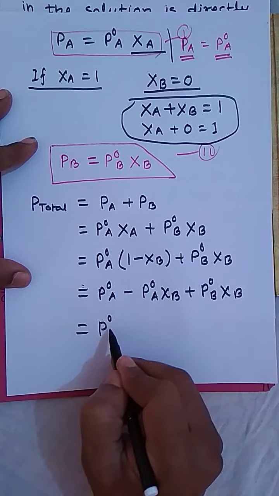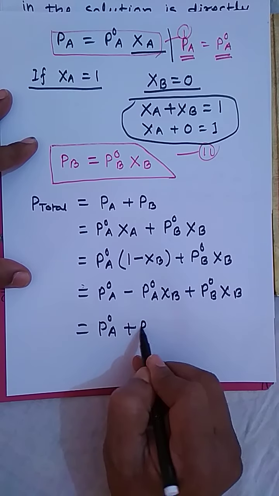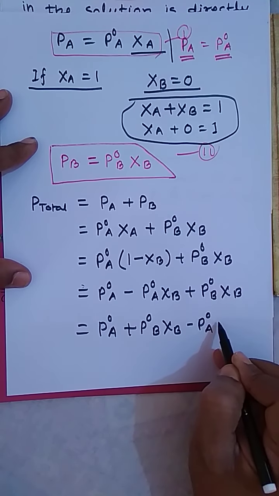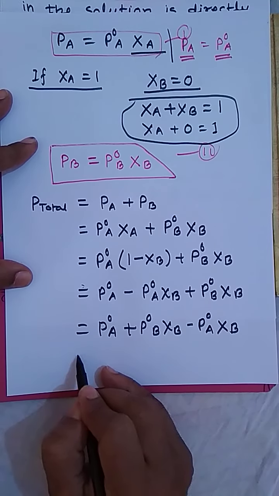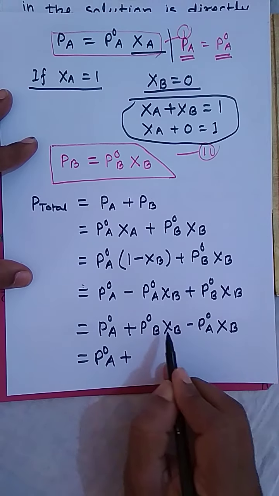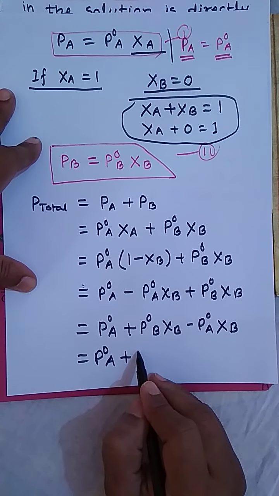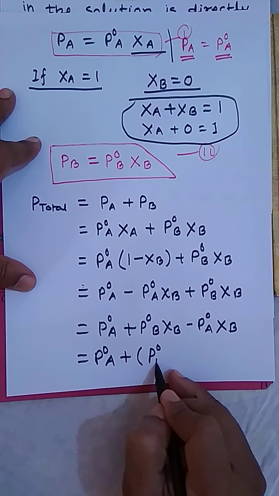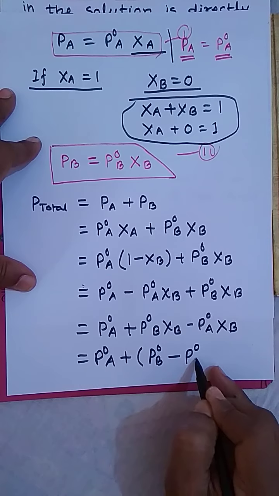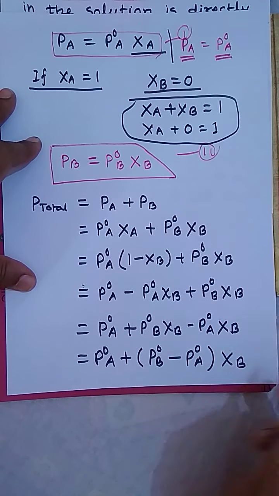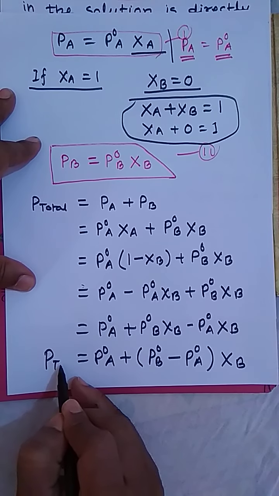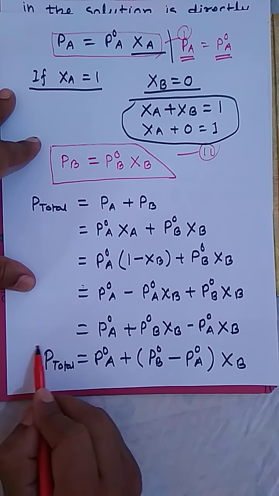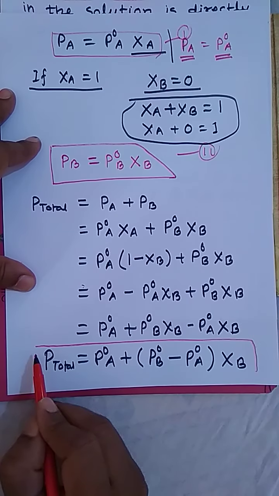This is equal to P naught A plus P naught B XB minus P naught A XB, and taking XB common, this is P naught A plus (P naught B minus P naught A) XB. It gives the value of total vapor pressure of the solution, right?